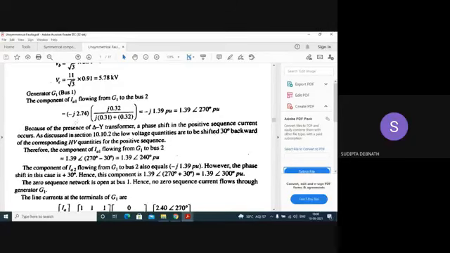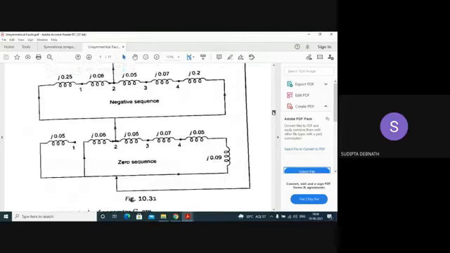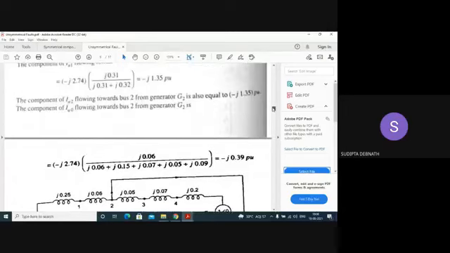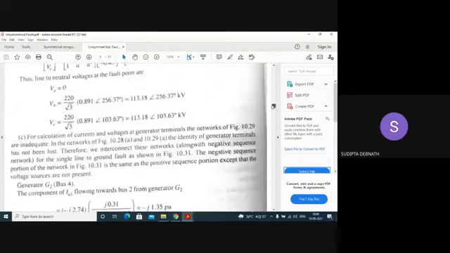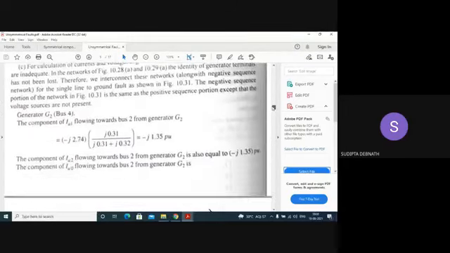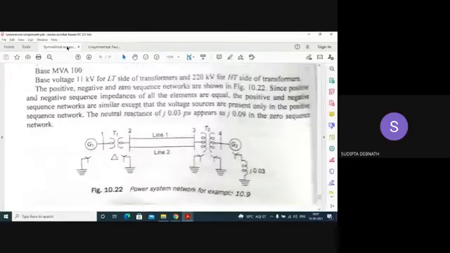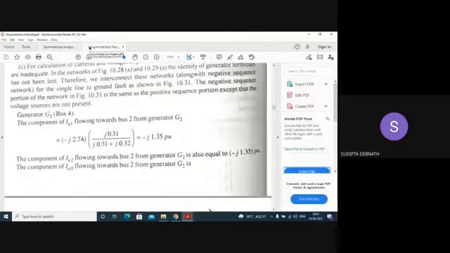You know the total fault current is minus j2.74, that we have already derived. And contributed by G1, oh, I have not discussed. Sorry, let us discuss generator G2 first. Why are we discussing generator G2? Because there is no phase shift. So we are discussing generator G2 first: the component of I1 flowing towards bus 2 from generator G2.